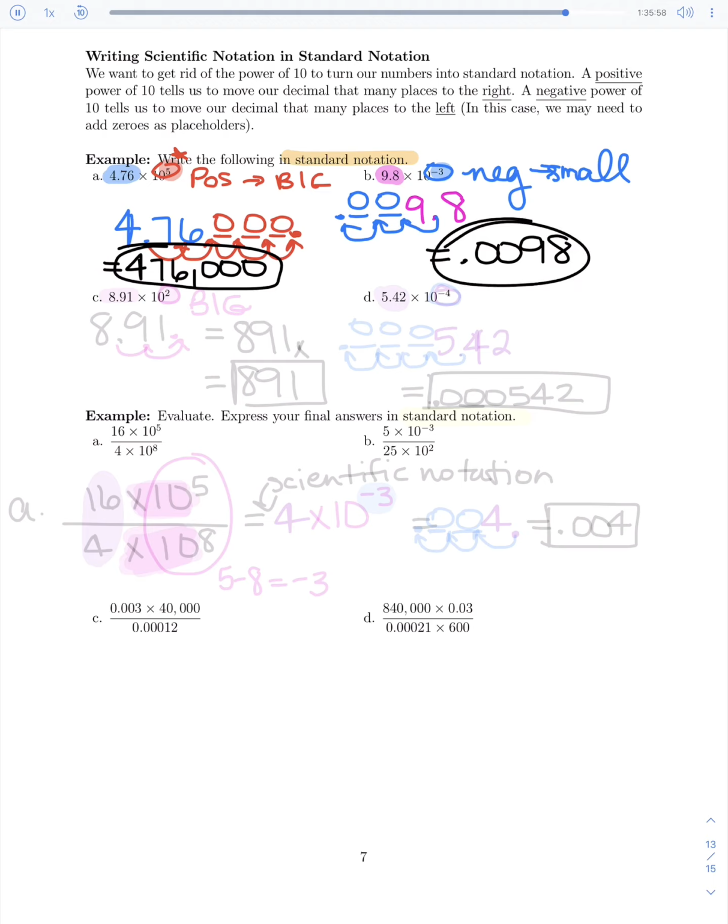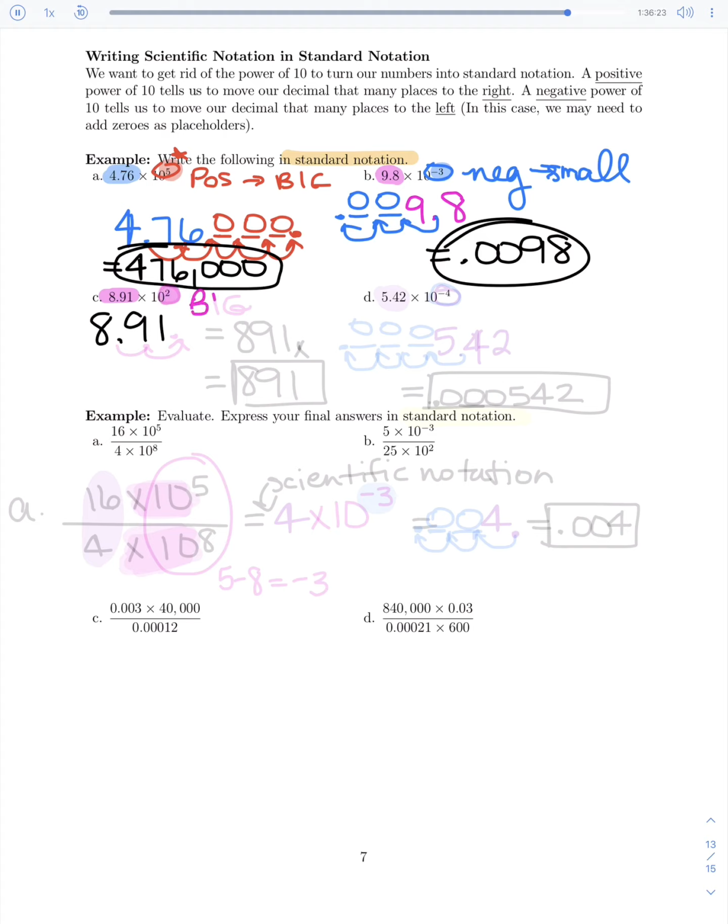Let's take a look at problem C. In problem C, we've got 8.91 that we would be starting out with, because we want to start out with the beginning of our number. The question is what that exponent of 2 does. Remember, because the exponent here, the 2, is positive, it should be making our number bigger.